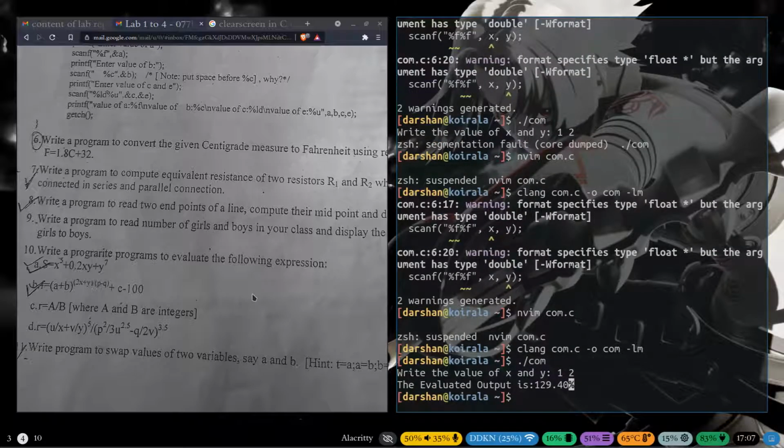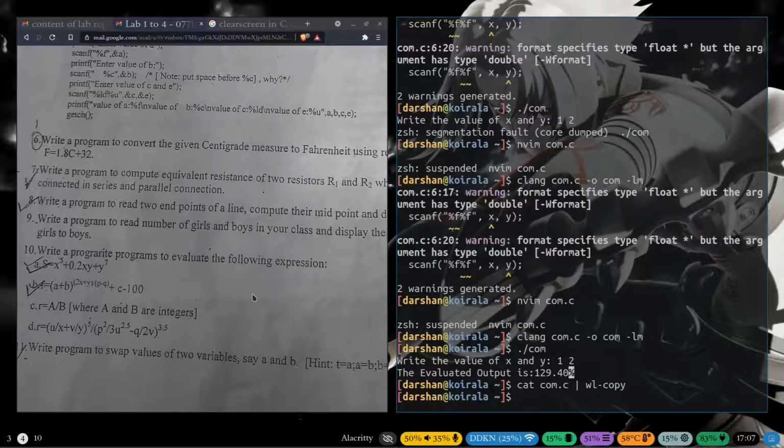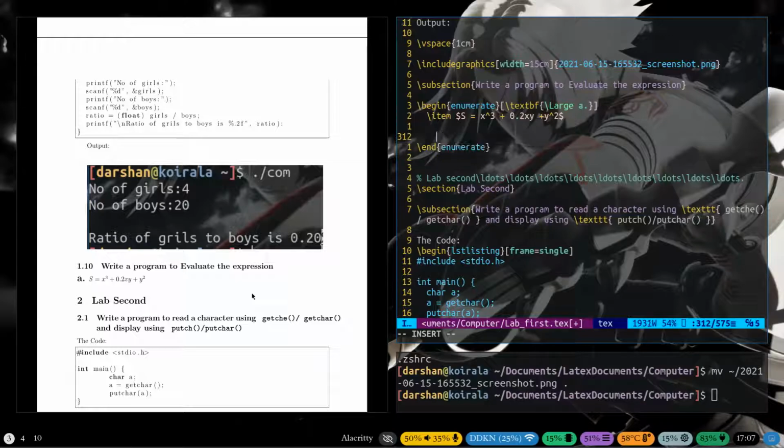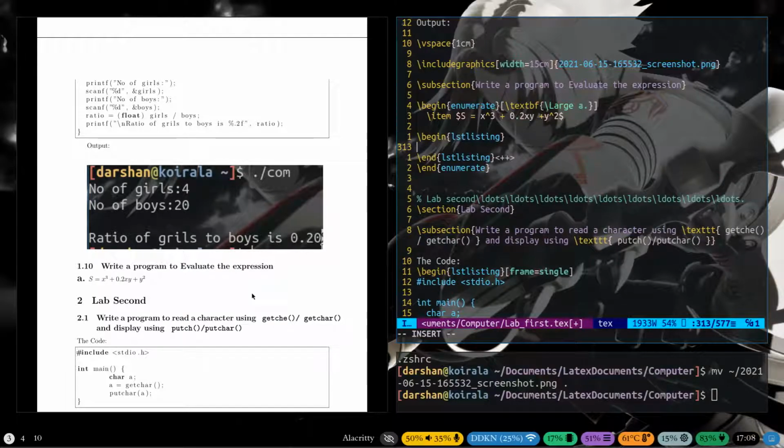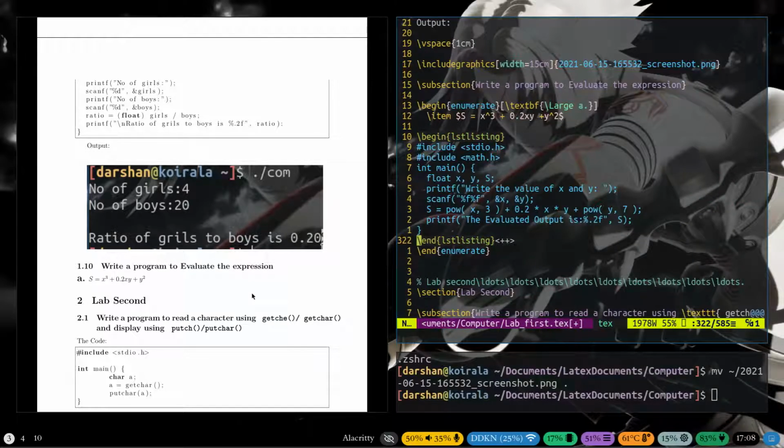Or 29.40. Right. Copy. Cat on the C. Double copy. Listings. Enumerate. String. Whatever I've copied.